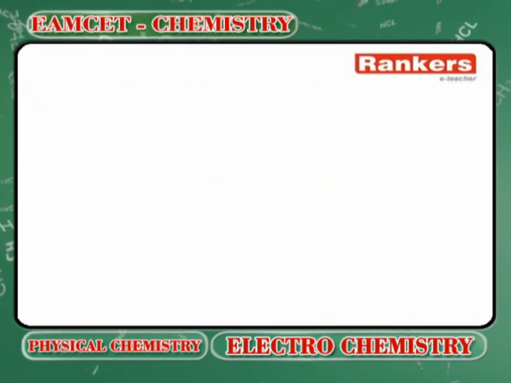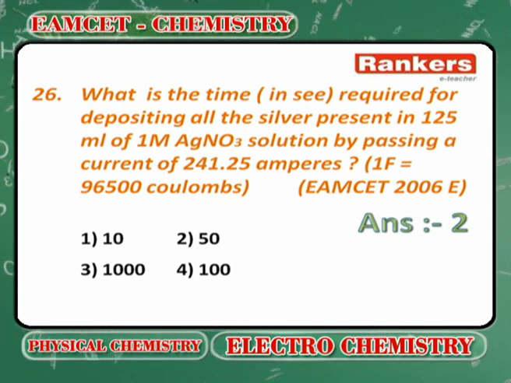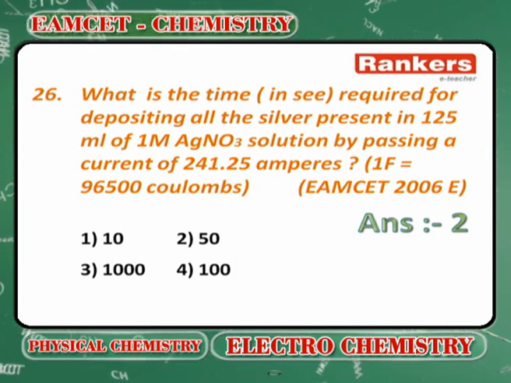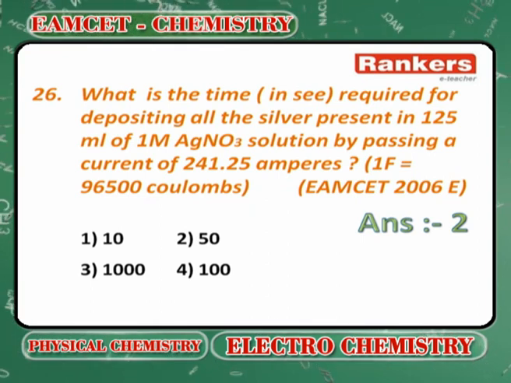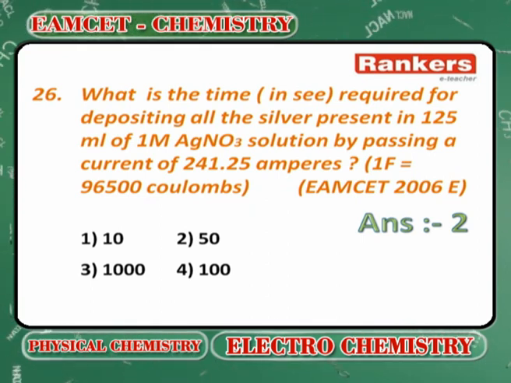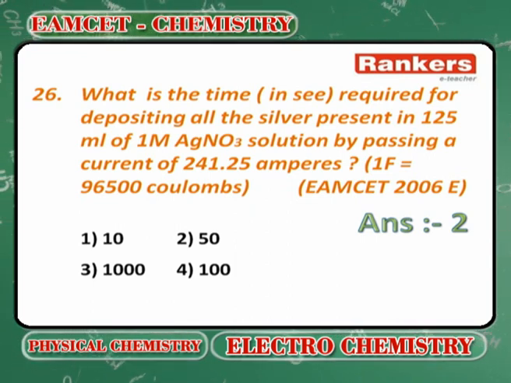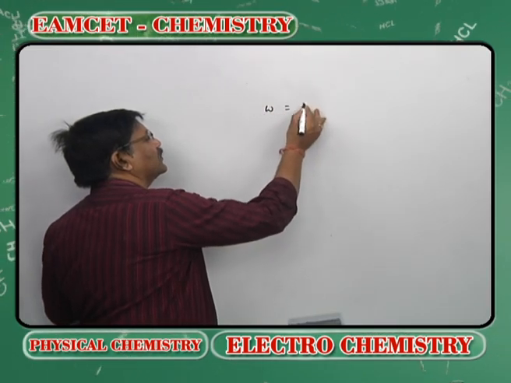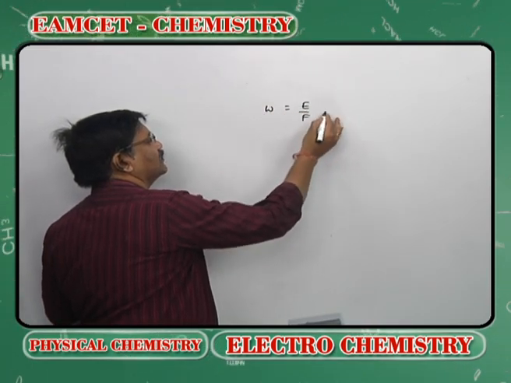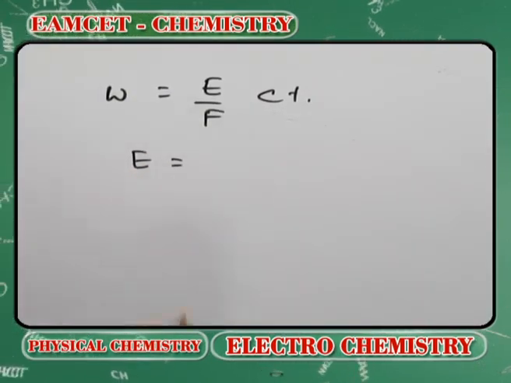Next question. What is the time required for depositing all the silver present in 125 ml of 1 molar AgNO3 solution by passing a current of 241.25 amperes? W is equal to E by F times C times T. What is E here for silver?